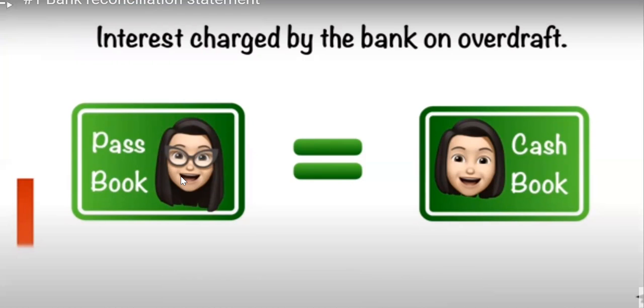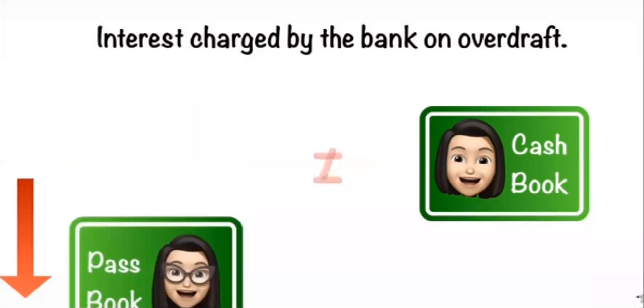Because interest charged by the bank is directly deducted from our bank account, but we don't know those details at that particular time. So the cash book balance remains the same and the passbook balance decreases. See, the cash book balance: no change, remaining the same.